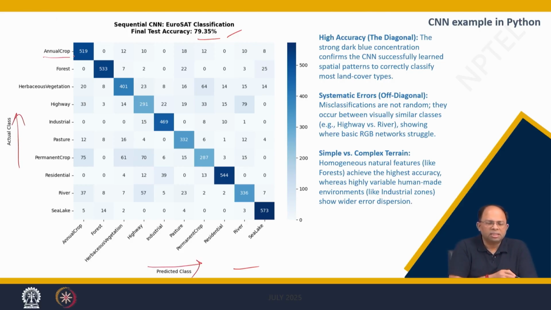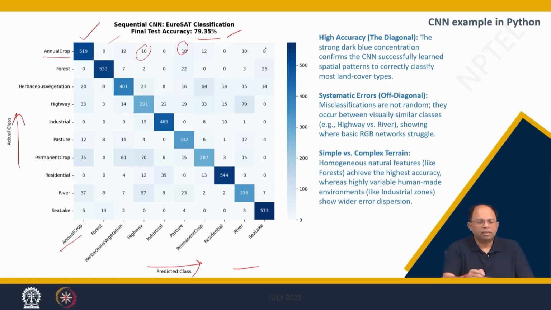So if the actual class is annual crop and the predicted class is also annual crop, that means 519 are predicted correctly. And you can see that none of the annual crop is predicted as forest. Some are predicted as herbaceous vegetation, some are predicted as highway, some are predicted as pasture, and so on. So this is the way we have to read this, right?